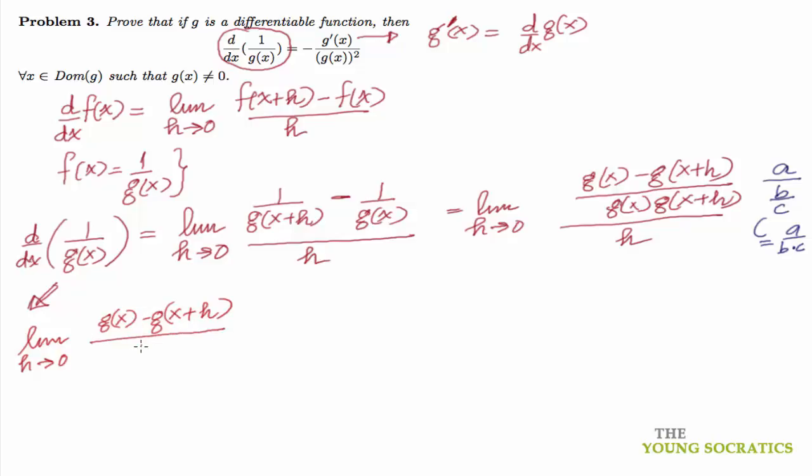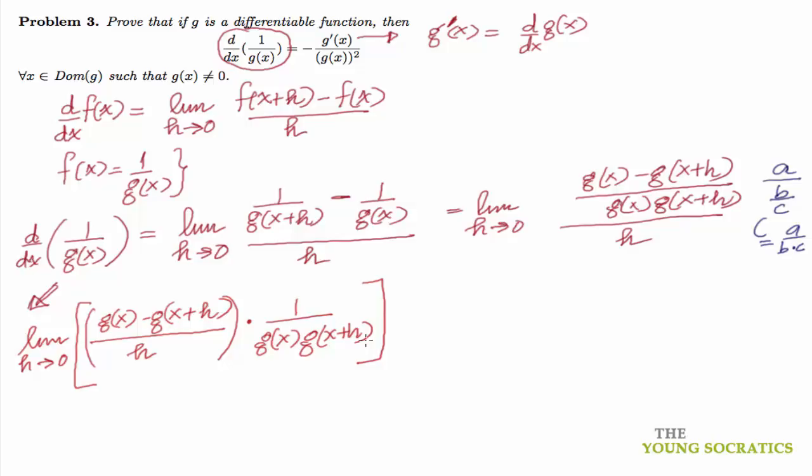And let me write it differently. I can remove this division line here and put h here, and I'll write this h times 1 over g(x) and g(x plus h).